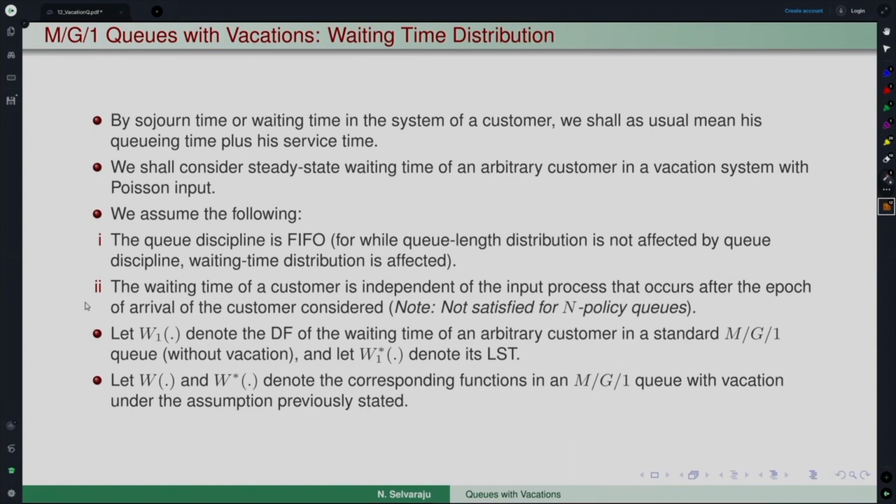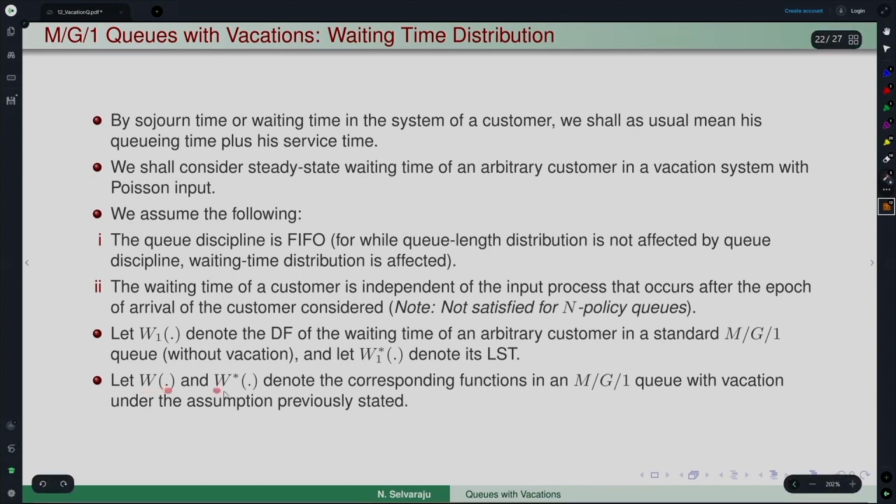Now, let us call W1 the distribution function, or CDF, of the waiting time of a customer in a standard M/G/1 queue, which is without vacation, and W1 star its Laplace transform. We are following the GG1 notation, using this W itself directly for the distribution as well as its mean. So, you have to be careful when you are interpreting this.